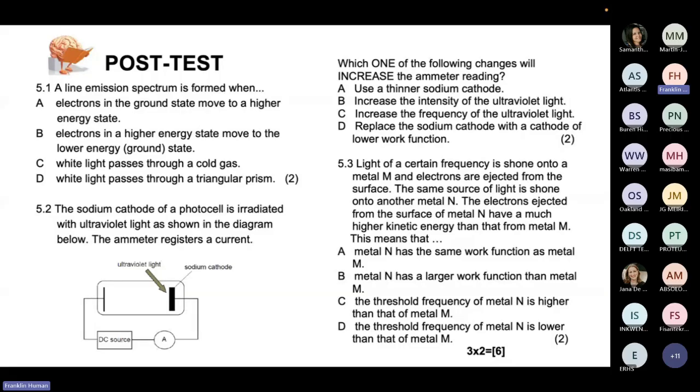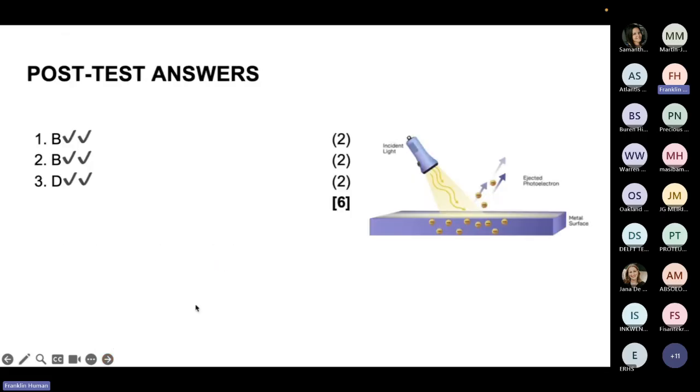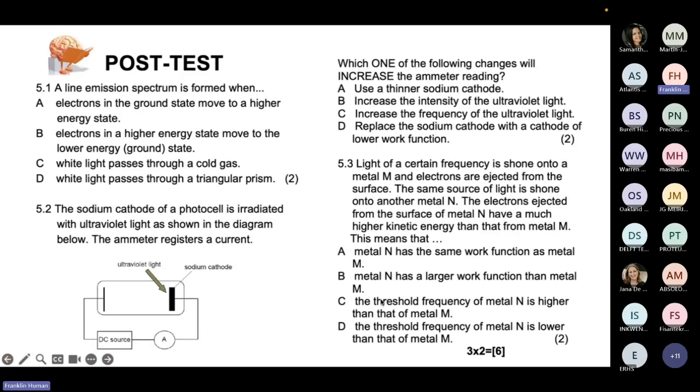Because all energy of a photon above the threshold frequency goes towards the kinetic energy of those electrons. So if you look at our answer for question 5.3, your answer is D. Reading it there, it says the threshold frequency of metal N is lower than that of metal M.